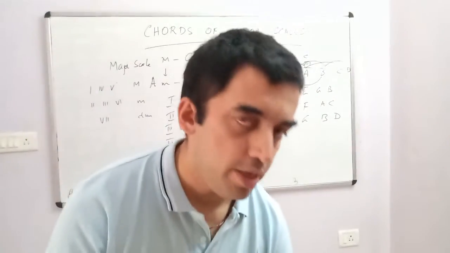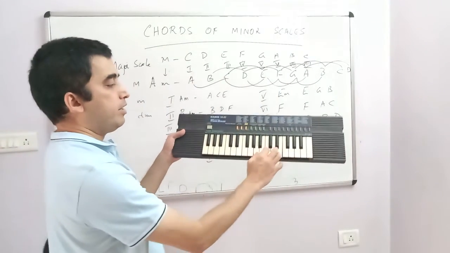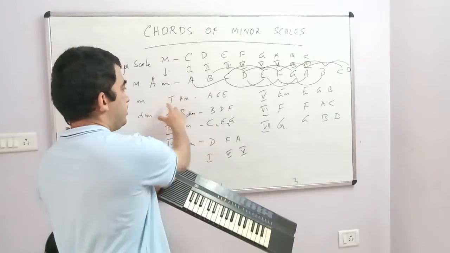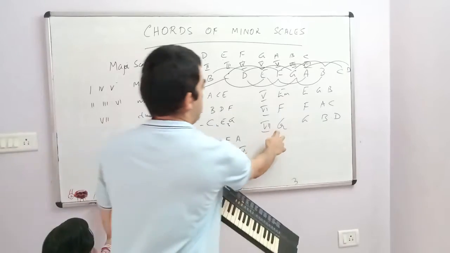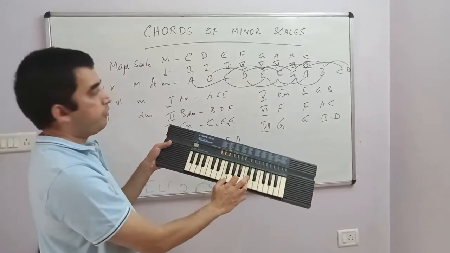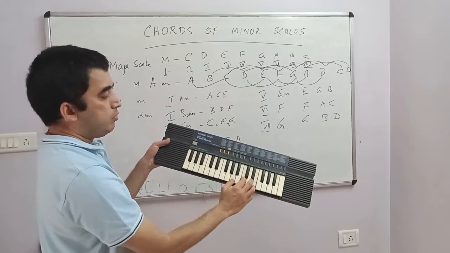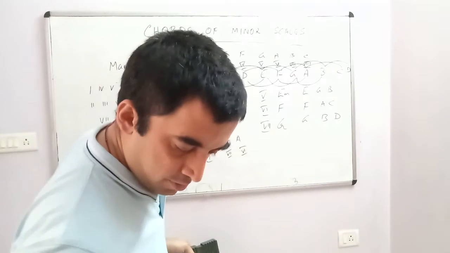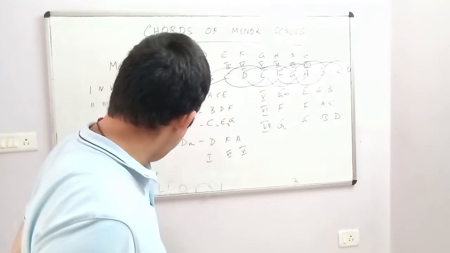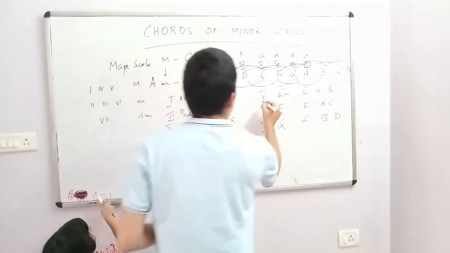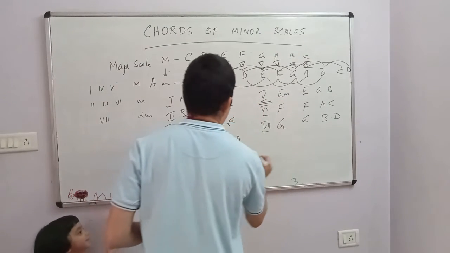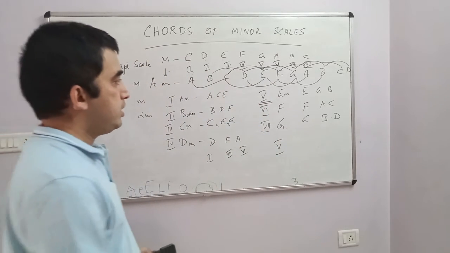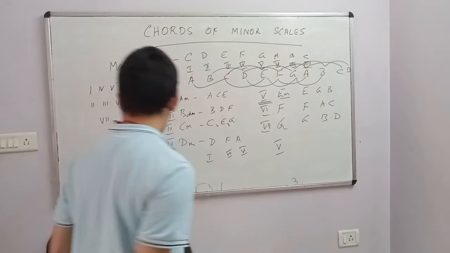If you hear any song in the minor scale, generally it will sound like this: A minor, G, and F. And the fifth chord is also important. So it will be 1, 7, 6, and 5. The fifth chord is a minor in a natural minor scale.